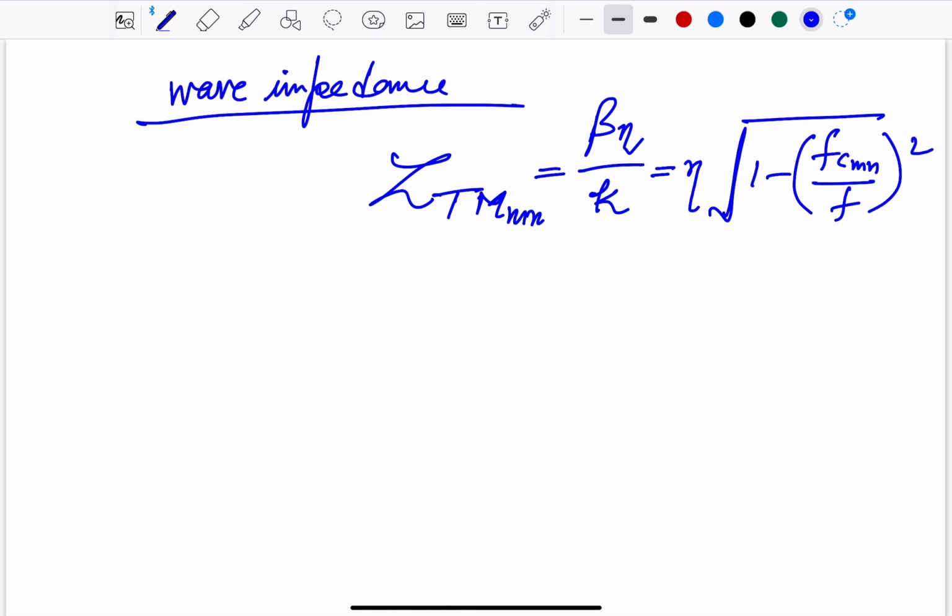for both the TE and TM modes. So how can we summarize all those things? Okay, let me write something and then we can discuss. This is for the TEmn mode. Here n is 0, 1, 2, and so on, and m is 0, 1, 2, and so on.